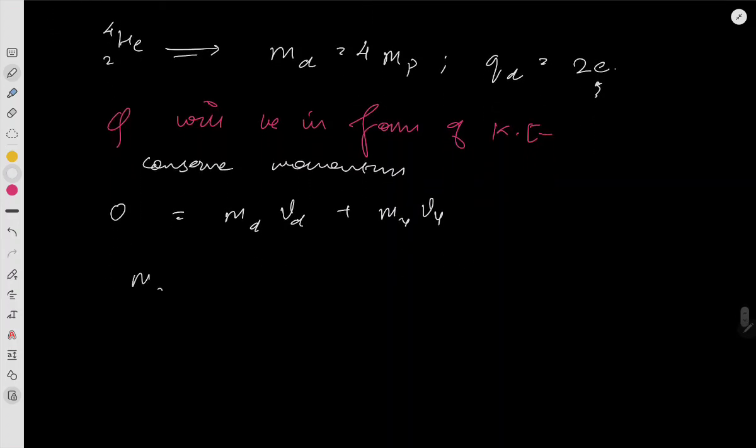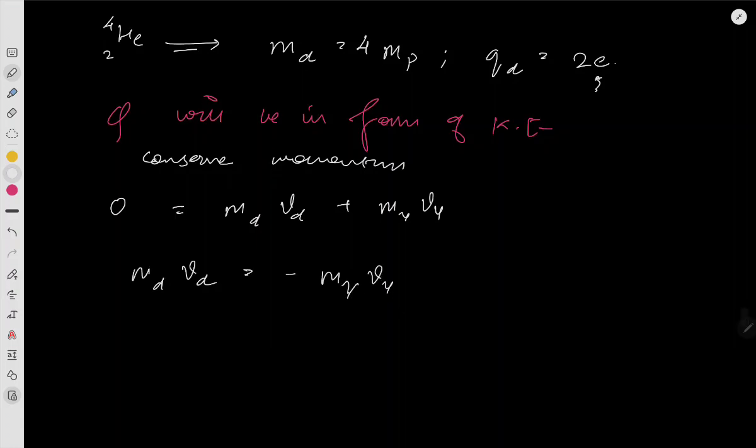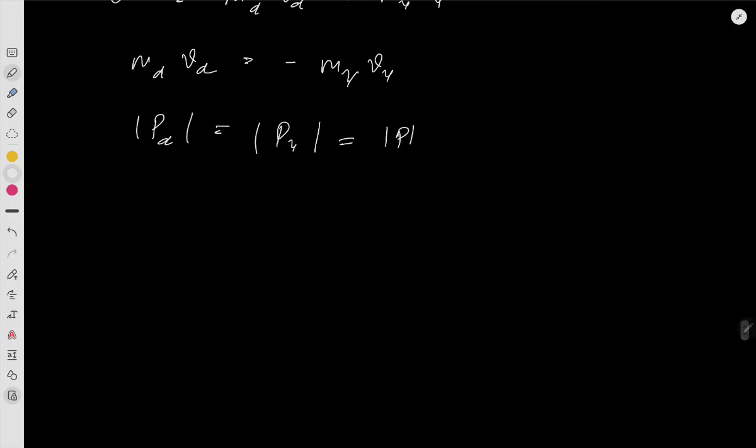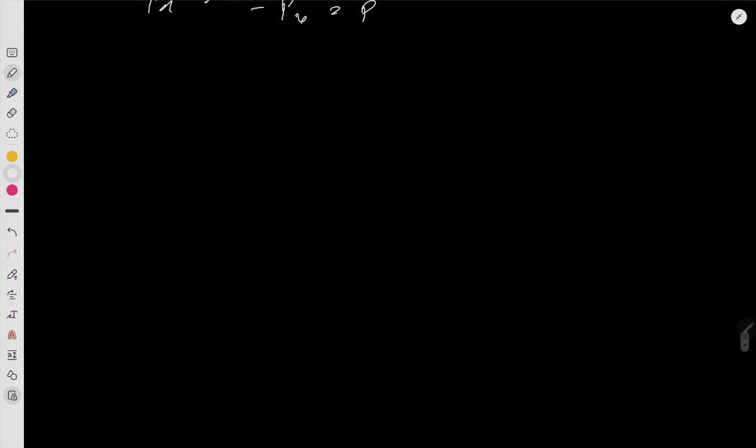So this indicates that mass of alpha, v of alpha equals minus of mass of y, v of y. So this means one thing, p of alpha, the momentum of alpha, is equal to momentum of y, and let us write it as p. So p of alpha equals minus p of y equals p.